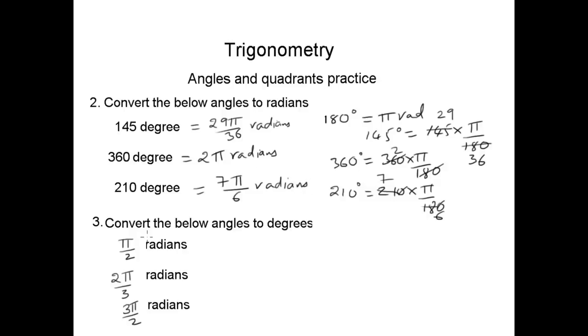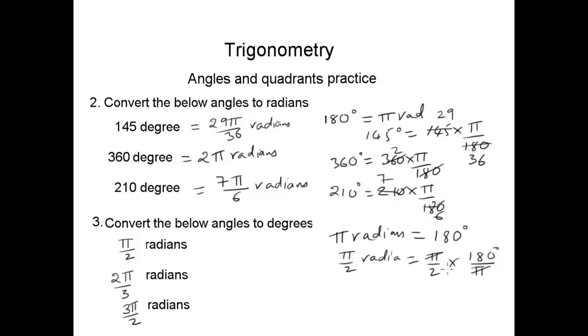Now the third question is to convert the below angles, which are in radians, to degrees. Pi by 2 radians. So now it's the other way around. So we know that pi radians is equal to 180 degrees, right? How many degrees would pi by 2 radians be? So pi by 2 radians would be pi by 2 times 180 degrees over pi.